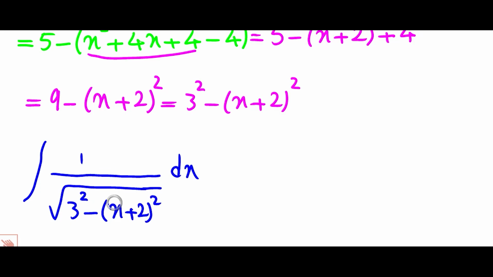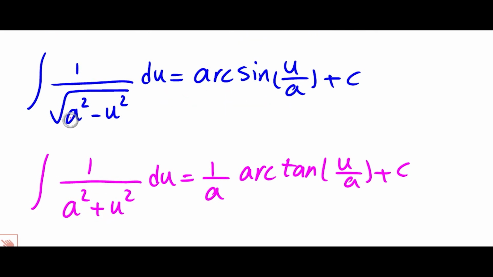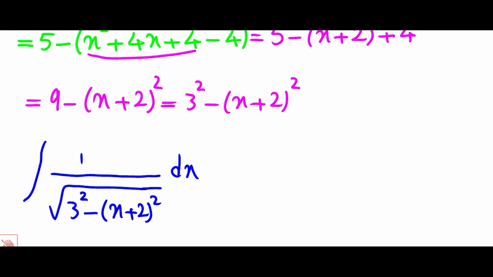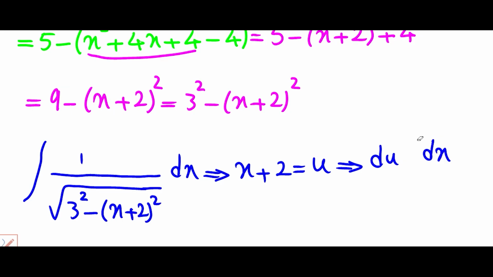This is our arcsine formula, because the integral of 1 over the square root of a squared minus u squared du equals arcsine of u over a plus c. So in this problem, a is 3 and u is x plus 2. So x plus 2 is u, and if we take the derivative of both sides, we have du equals dx, right?